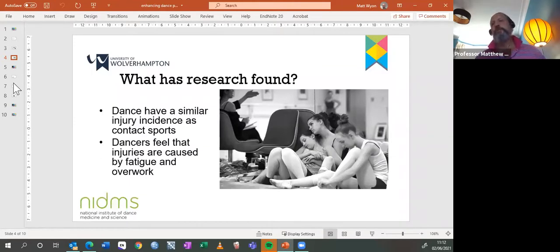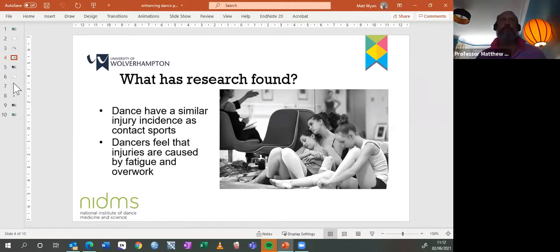And so most of the injuries occur when they're performing, i.e. when the opposition are trying to kill you. But we see the opposite. So in fact, the injuries are occurring when the dancers are in the most controlled environment. So we can actually affect what's occurring in a dance class and during rehearsals to a much bigger degree than we can during a performance.